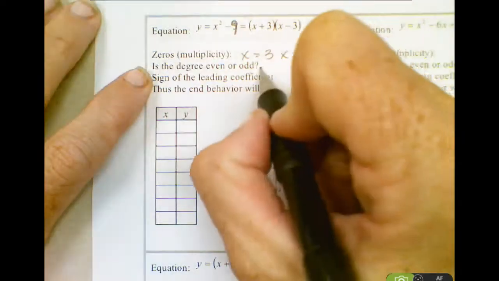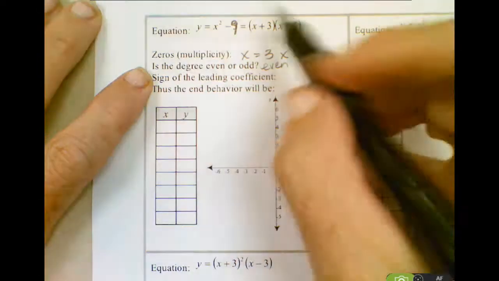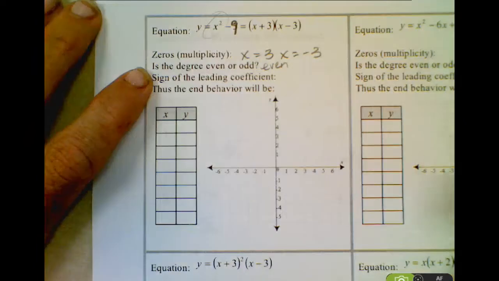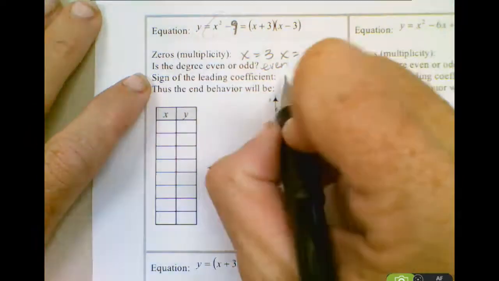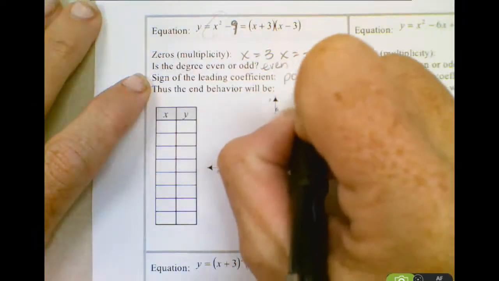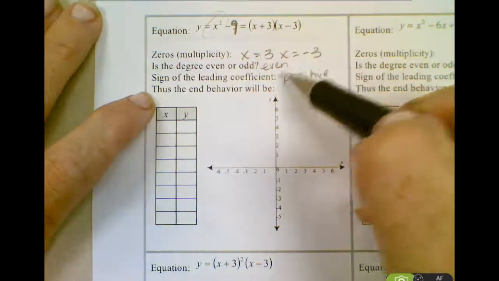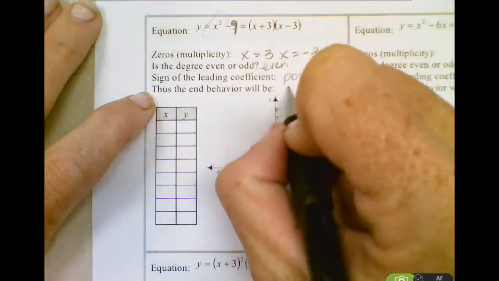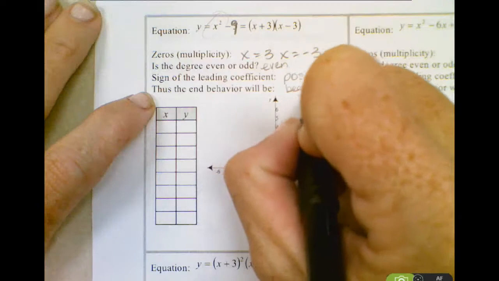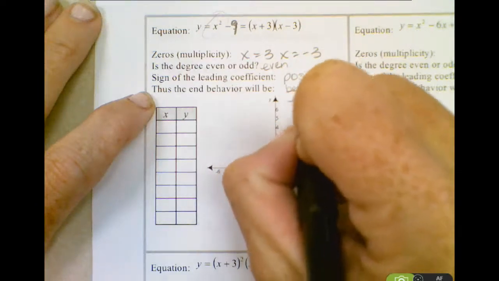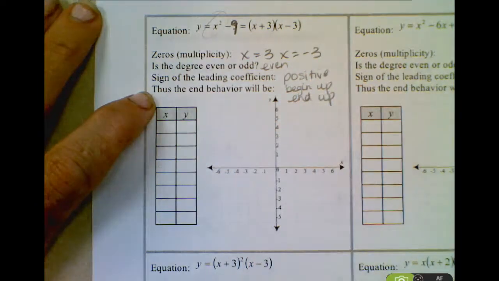The degree is even. It's a second degree polynomial. What kind of shape should an x squared give you? That should be a parabola. Sign of our leading coefficient is positive. So it's going to begin and end in the same direction. Because that is positive, it's going to begin up and also end up.